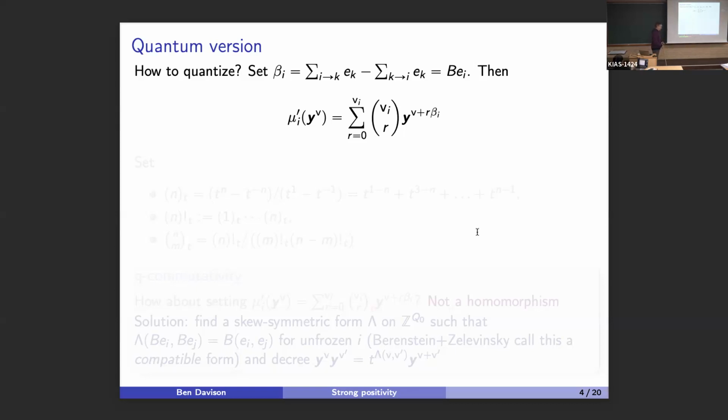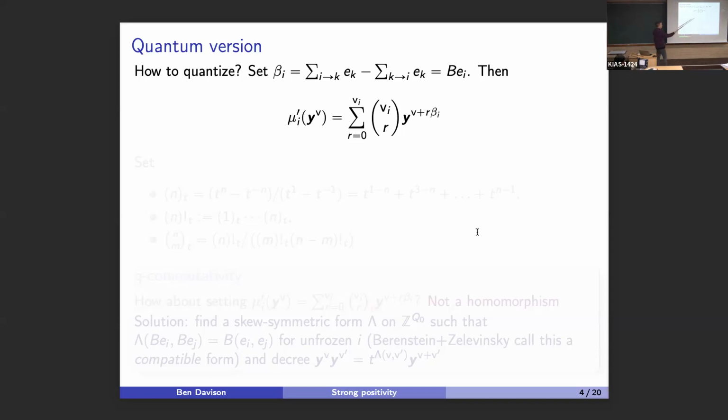The initial step in my mutation where I replaced my y_i with a two-term thing. Well, because now v might have a large entry in the ith place, I won't get two terms, but I'll get some binomial expansion.